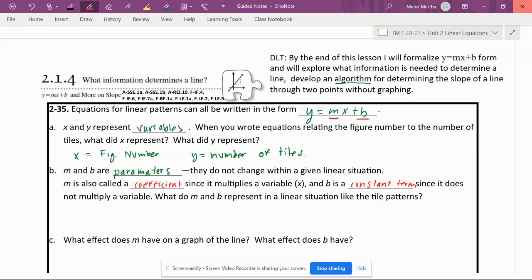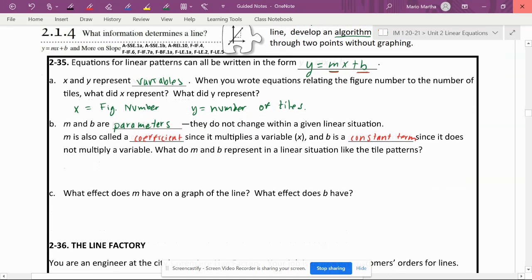And what do m and b represent in a linear situation like the tile patterns? So again, if you guys remember, you can always check your notes. M was pretty much the number of growth, right? The growth of the tiles. And then b was our starting value, right? Or initial value. Or in this case, it was also called figure 0.